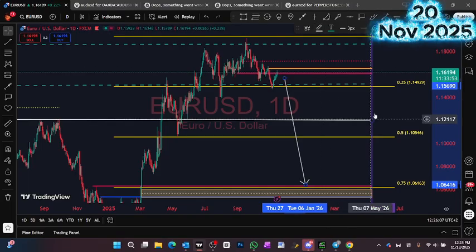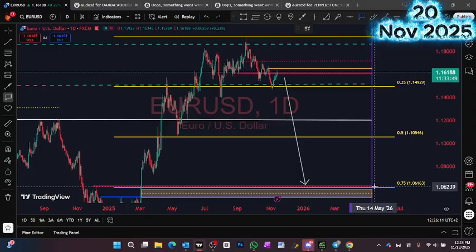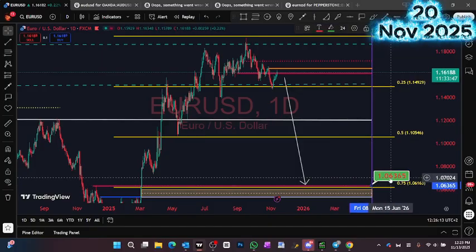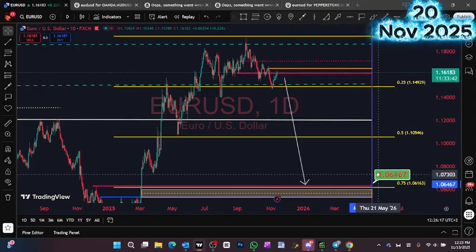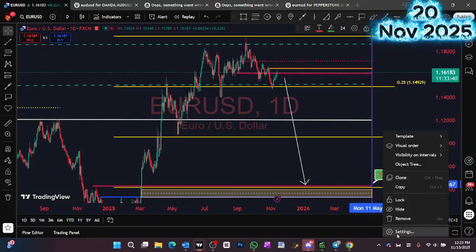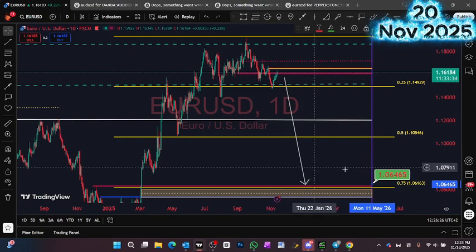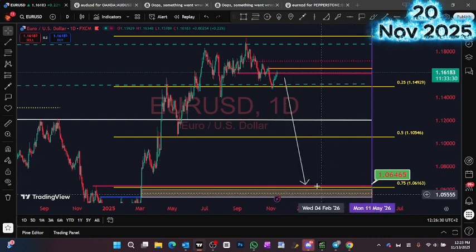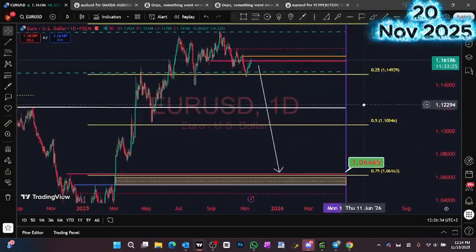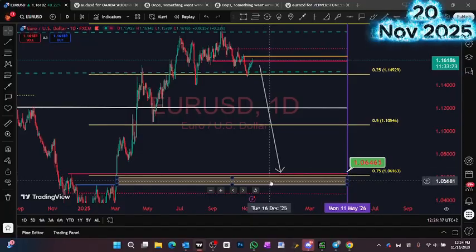And then let's say maybe we can put our take profit here, just so that before price comes here, at least our take profit will be hit, because price might not come straight down.